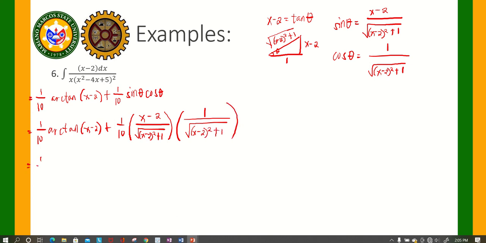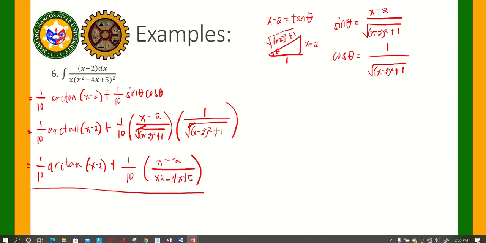And simplifying further, we have 1 over 10 arctan(x minus 2) plus 1 over 10 times x minus 2 all over, the square roots will cancel. That will be equal to x minus 2 squared plus 1, which came from this. So, that is what we will plug in. So, x squared minus 4x plus 5 if you simplify this one. So, we now have the integration of our fifth term.